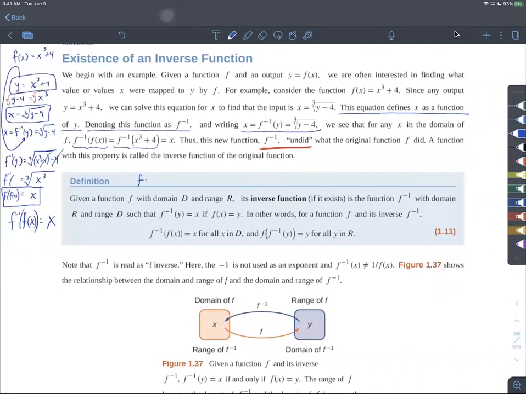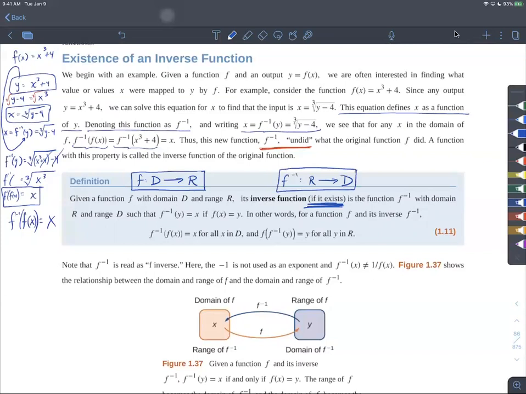Given a function f with domain D and range R, so here is a function, it is defined on a certain domain, and the values of that domain are mapped to another set, which we call the range R. Its inverse function, and here's a big if, it exists, is the function f inverse with domain R and range D. So notice that the domain and range are flipped around here for the inverse function.